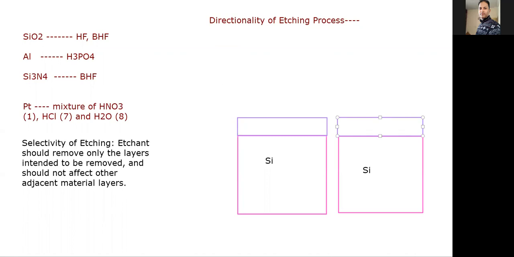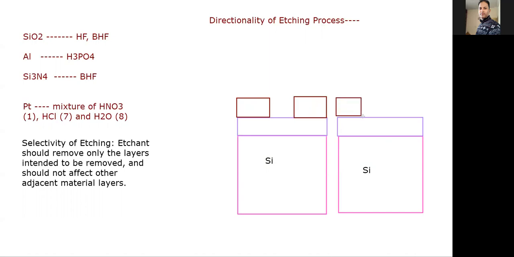Let's say that above the oxide we have a photoresist layer, and we have created a window to access the oxide.